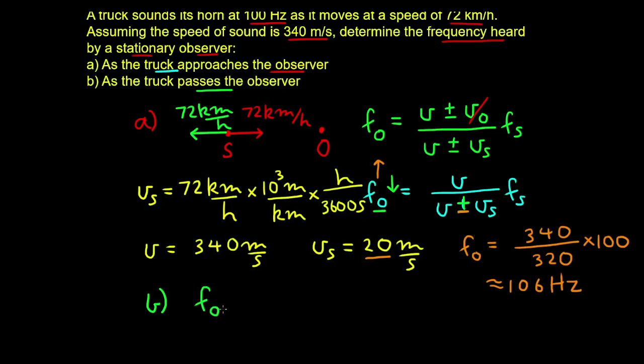And therefore the frequency heard by the observer is the speed of sound in meters per second over the speed of sound plus the speed of the source. So that will be 340 plus 20 is 360 meters per second. And that's multiplied by the frequency of the source. So that gives a frequency of around 94 Hz.